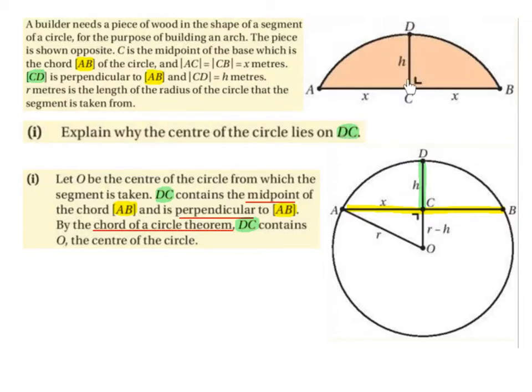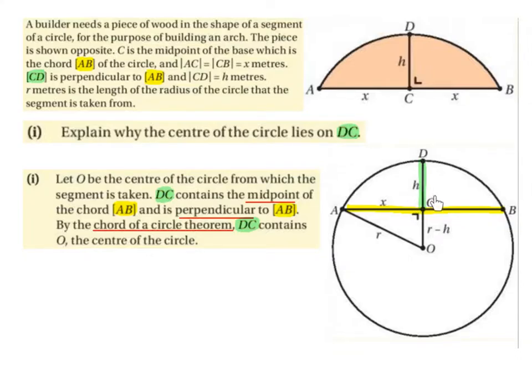So Part 1, explain why the centre of the circle lies on the line DC. So this is the line DC. Let O be the centre of the circle from which the segment is taken. So I've drawn out the full circle, and I'm going to let O be the centre of it. DC contains the midpoint of the chord AB and is perpendicular to AB, so it meets at right angles.